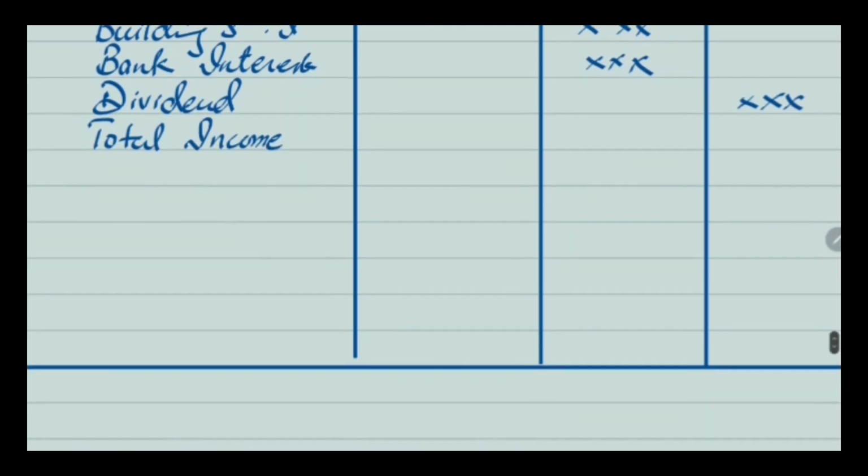Some reliefs are allowed in the UK, which are said to be relief against total income. In this video, we will discuss the relief of qualifying interest payment. First, from total income, we deduct the relief and we get the net income.